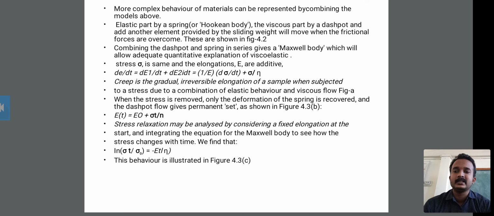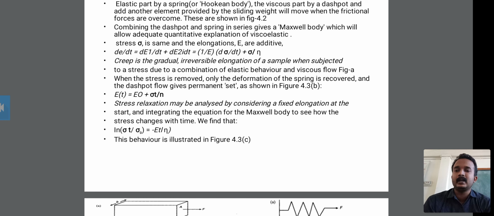Same, and the elongation with the E is additive. Okay, the creep is the gradual irreversible elongation of the sample when subjected to stress due to a combination of elastic behavior and viscous flow, as in figure 1. In this stretching, the stress is due to a combination of elastic behavior and viscous flow.